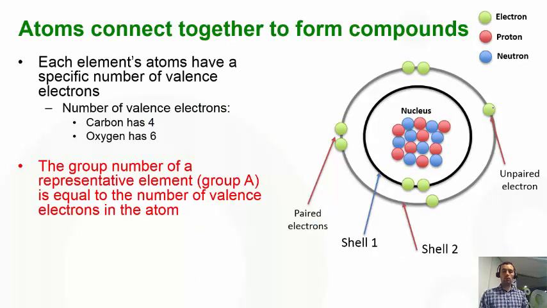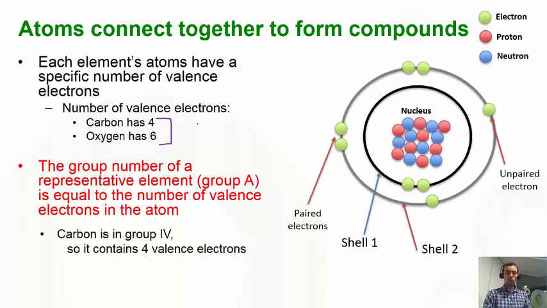As we can see from the slide, we've got carbon and oxygen with specific numbers of valence electrons. Carbon has 4 and oxygen has 6. How could we work out how many valence electrons these two atoms have? Well, you can look at the periodic table and work out which group they're in. For group A elements, which are the representative elements, the number of valence electrons the atom has is equal to the group number.